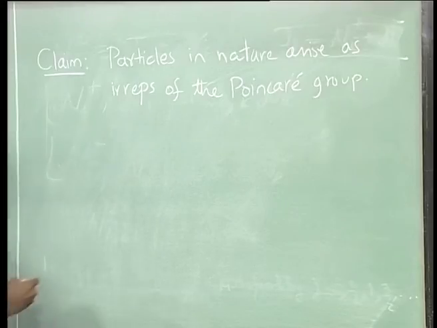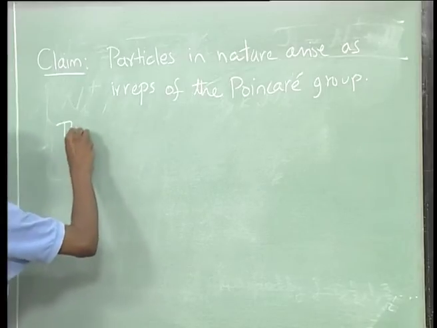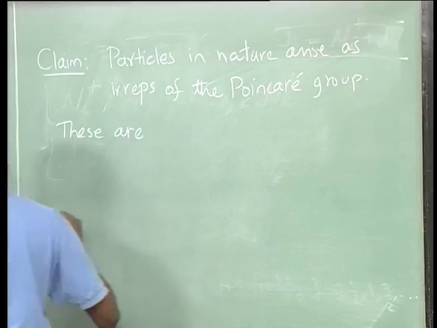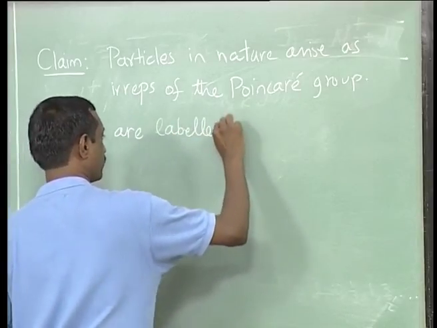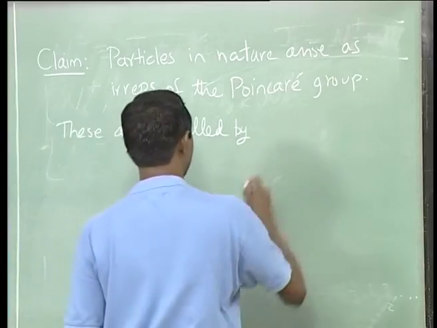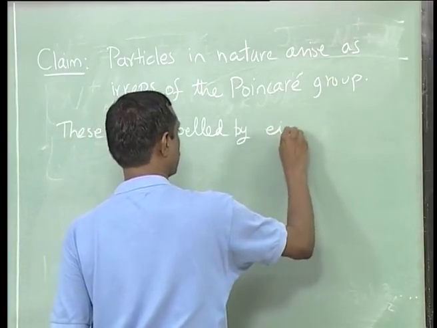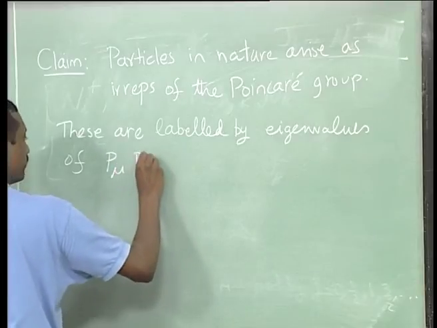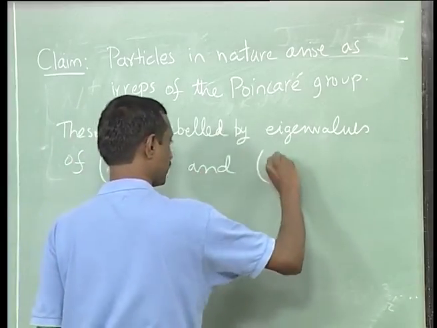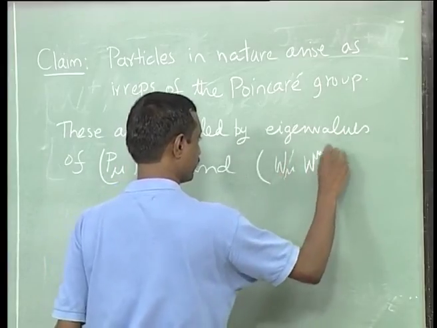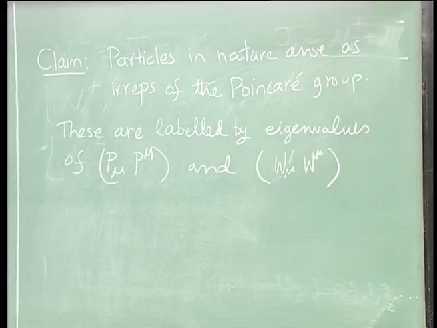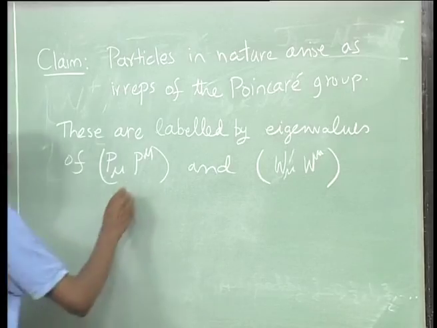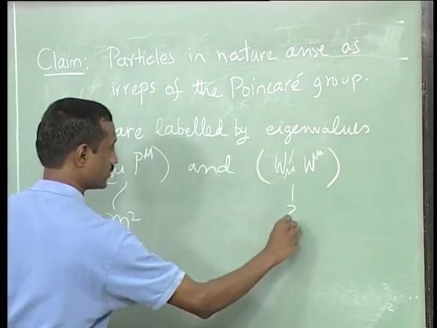So, let us... and these are labeled by eigenvalues of two things, two Casimirs, P square and W square. Okay. So, what is the natural thing to call the eigenvalue of P square? The mass square, right. So, this we will call mass square, and the question is what is this.